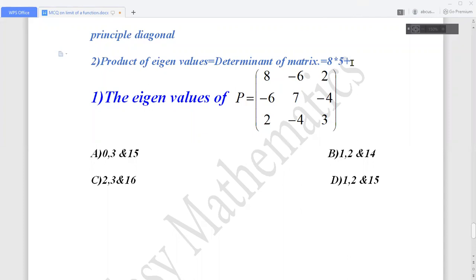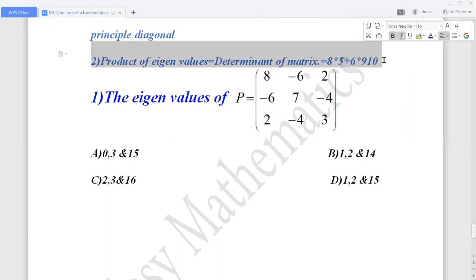Here we have to take 6 times negative 10. Sorry, here is a mistake. Let me correct it. Just a moment.